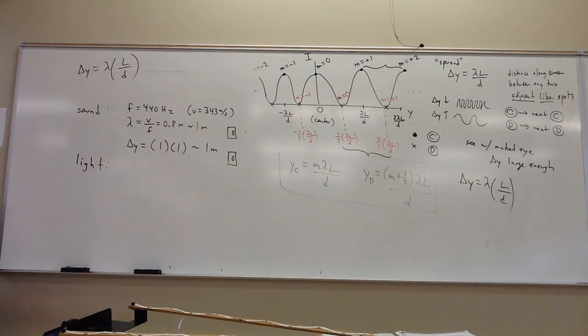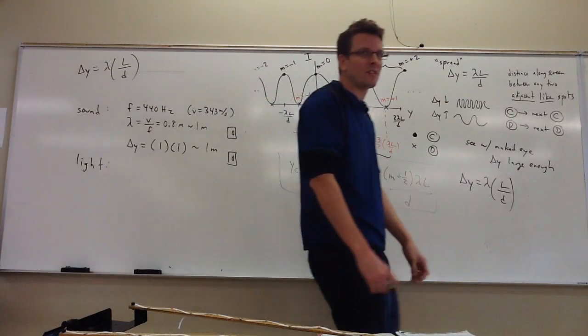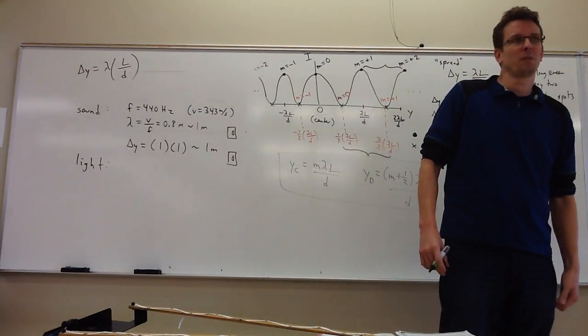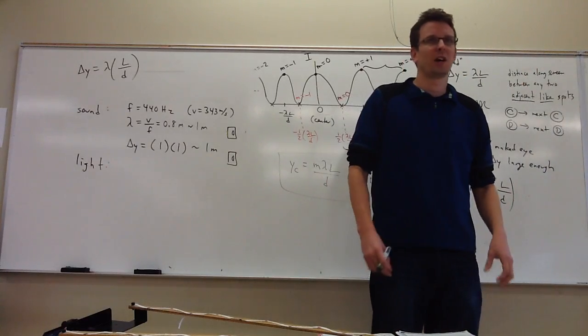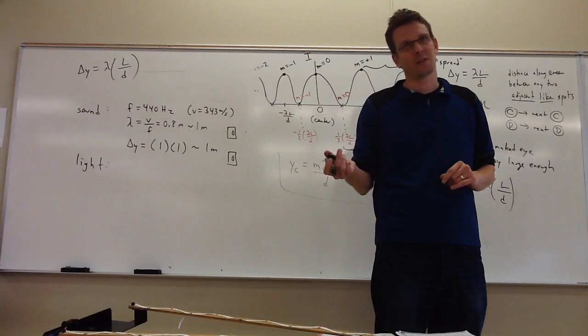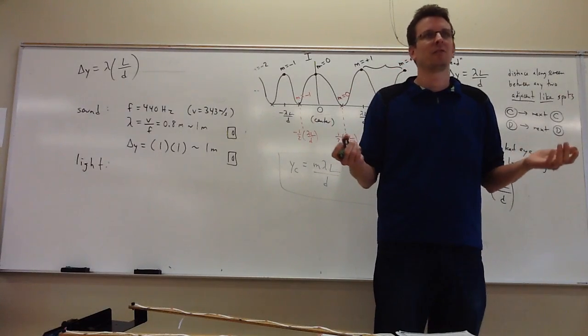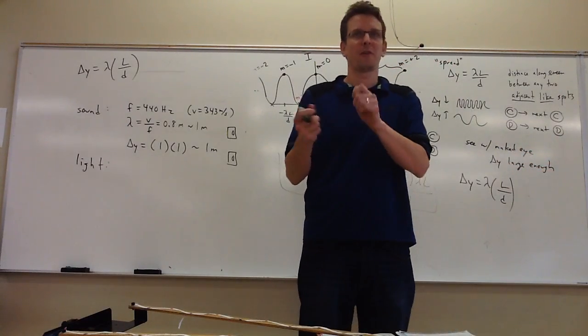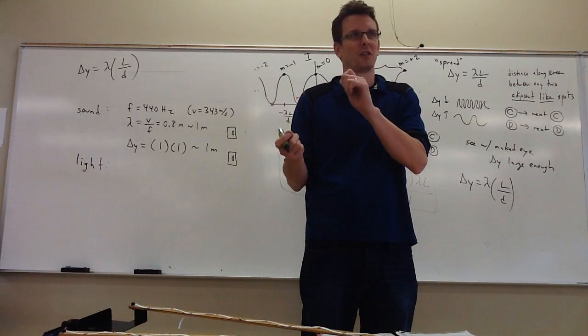So those are your 2 slits. And what you hope is that the music coming out of them is in sync. So if you play, for instance, a pure tone, you want it to come out crest coming out of one, crest coming out of the other. If you're setting up your stereo, one of the mistakes you can make is to have them out of phase. That's if you put the 2 wires reverse.